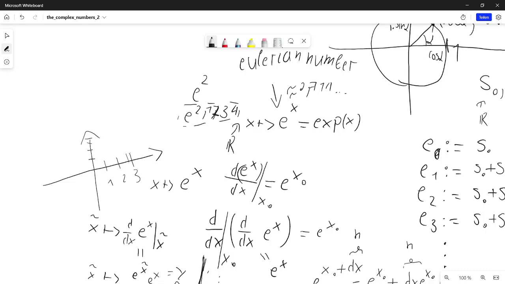In 0 we have 1. In 1 we have 1, 2, 3, and 7, like this.